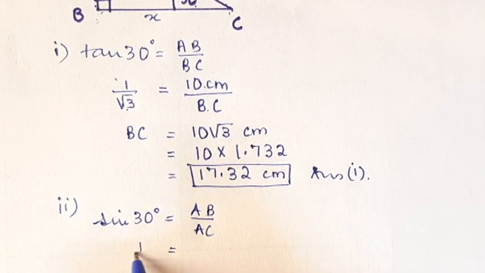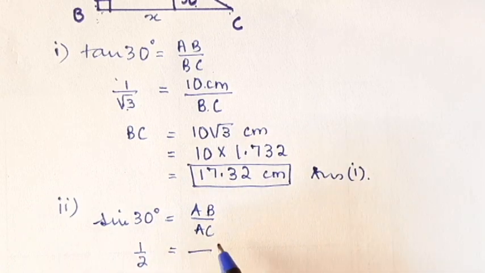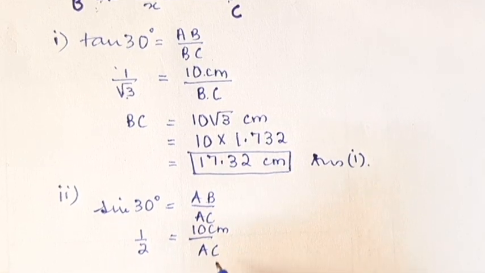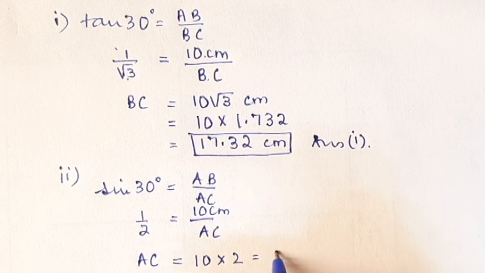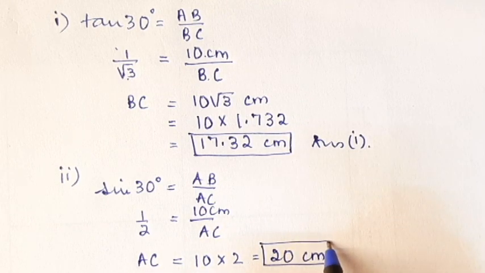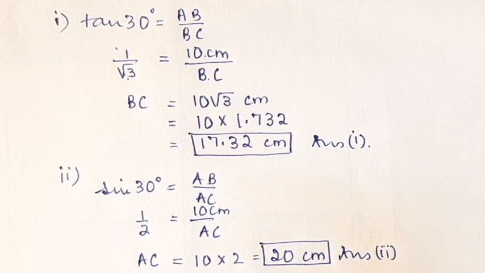Now sine 30 degrees is half, and AB is 10 centimeter, and AC we do not know, and so cross multiply. I will have AC giving me 10 multiplied by 2, which is equal to 20 centimeter, and that is our answer 2.